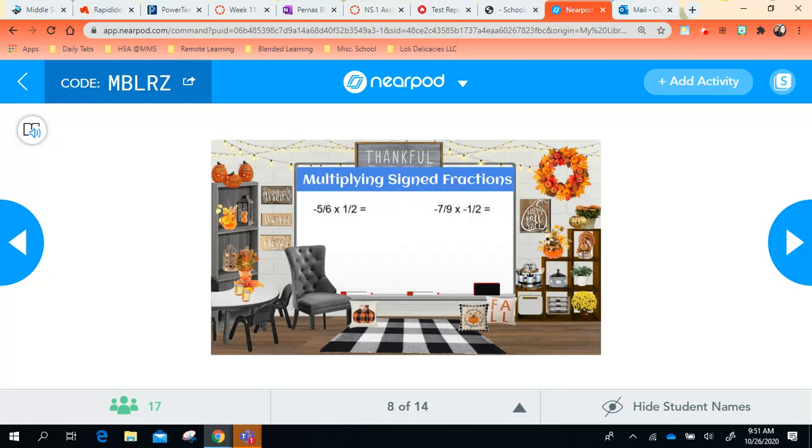Okay, multiplying sign fractions. So you might want to title it Multiplying Sign Fractions. So I did multiplying sign fractions because I think multiplying fractions is one of the easier things to do. And I like to rewrite it because I like it when my fractions are written like this.